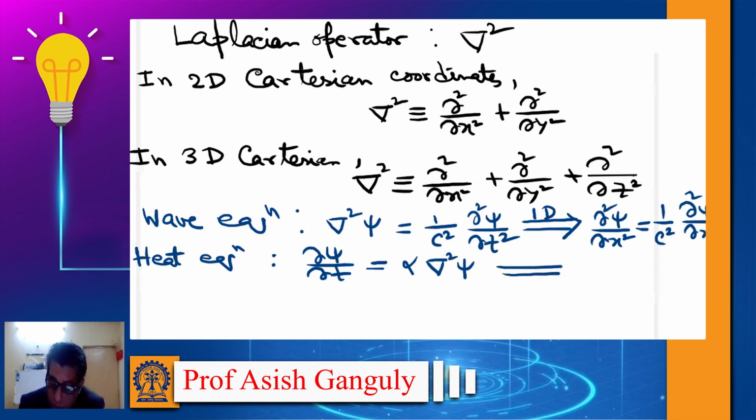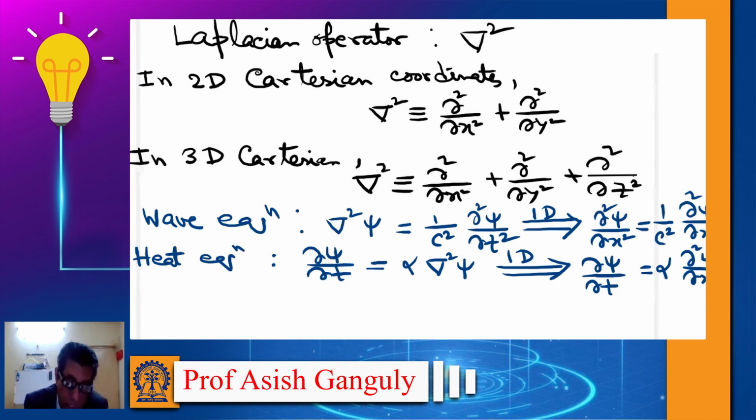Alpha is some positive heat constant, like c was there, which was the wave speed. So when you go to one dimension, it will be simply del psi by del t equal to alpha del square psi by del x square. And actually in the next class, we will consider only the 1D heat equation.